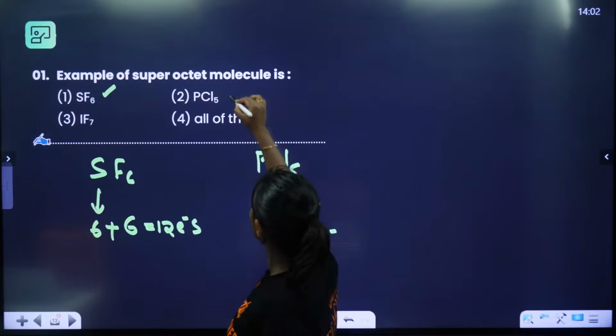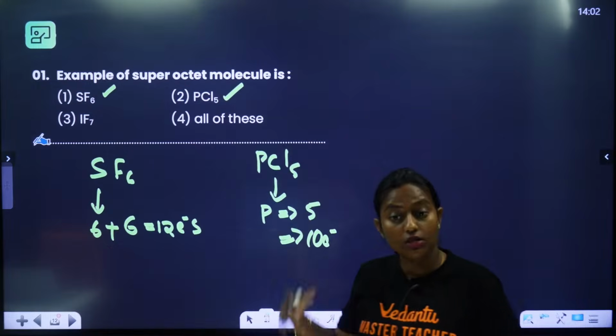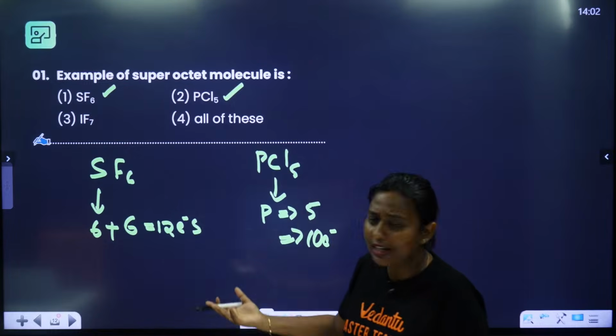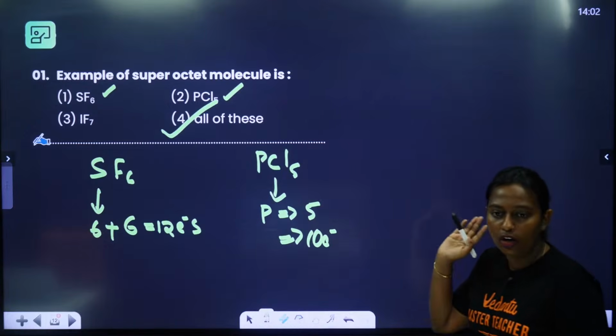This also follows super octet. This is actually a super octet molecule. So you can write easily: all of the above.